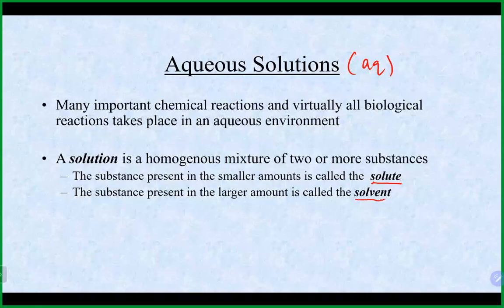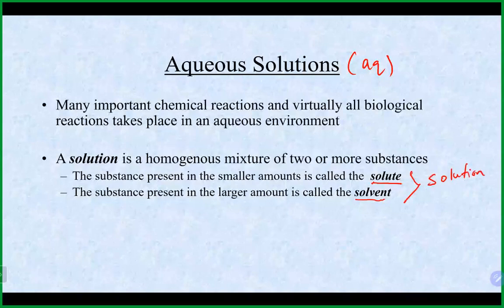It's non-toxic. It works really well, as we'll talk about, for ionic compounds and things that are polar. But keep in mind that water is not always the best choice, especially for non-polar things. If you take your solute and your solvent together, that will make your solution.